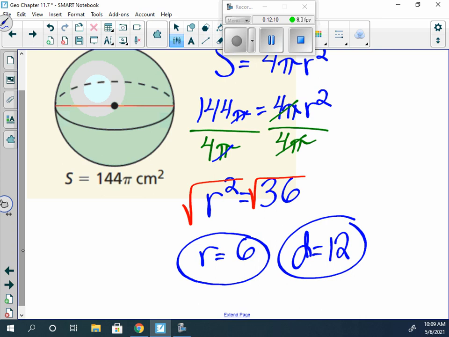But when we talk about a radius, we're talking about what kind of measure? A length, yes? Is length ever negative? No. So we take out the negative case. We don't consider it, since we're talking about just a straight length, a straight distance. Questions on this here?